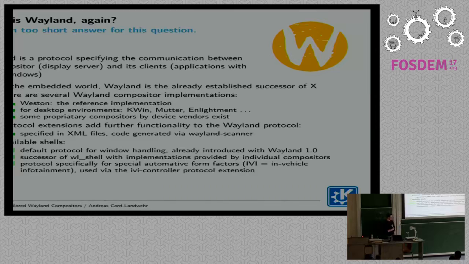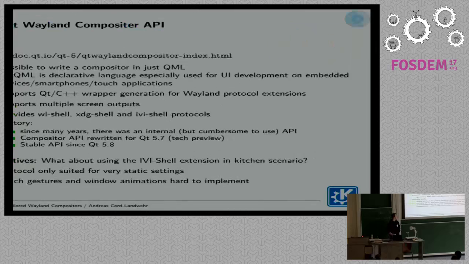And in my use cases, it never worked until now. So I looked at the QtWayland compositor framework. I don't know how many of you used QtQuick before. I see a few hands. It's a declarative language that looks a little bit like JSON, where you say what you want to have.